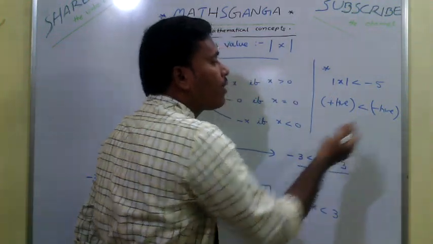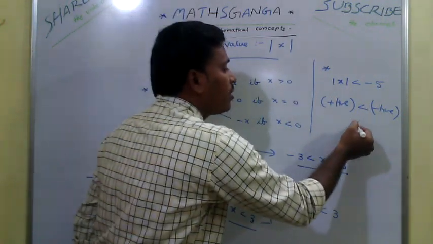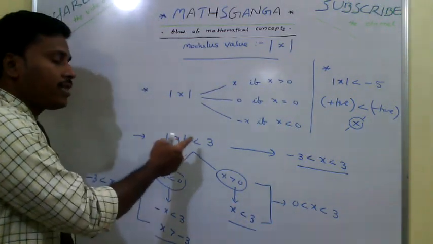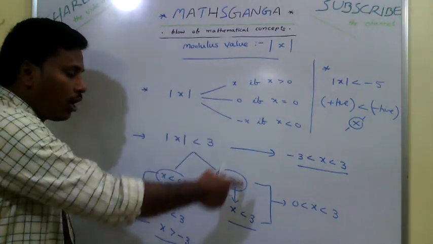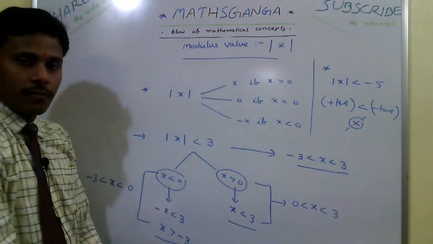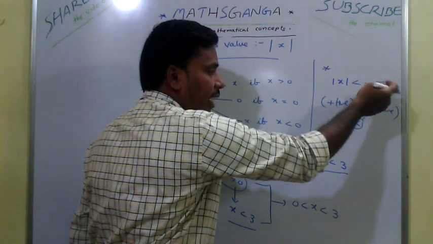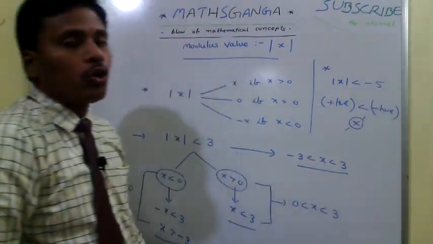A positive value is never less than a negative value. So this inequation has no solution. So for mod x less than 3, if this 3 is positive, we proceed in this way to calculate x. If the right hand side is negative, like minus 5, then it has no solution.